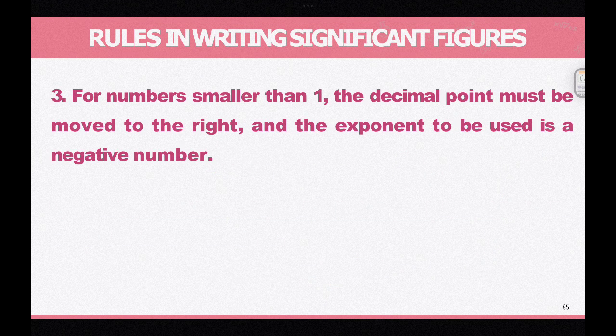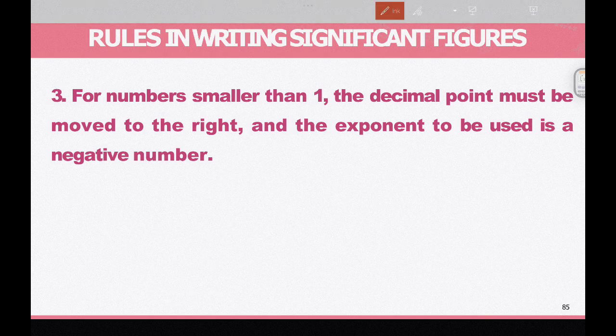Next, for numbers smaller than 1, the decimal point must be moved to the right and the exponent to be used is a negative number. So if you have an answer of this kind, for example, 0.131, we move it to the right.